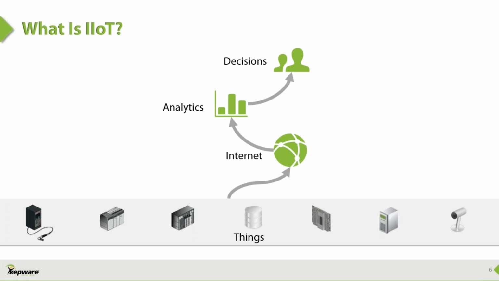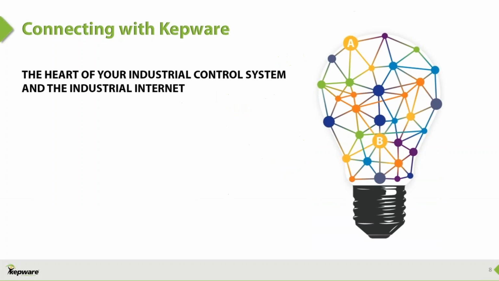At the heart of it, it's really about connecting things in your industrial environment, moving it into the internet, into some application to provide analytics so we can make better decisions. So really, from a simplistic standpoint, that's how we define the Internet of Things. So really just connecting your assets so you can make better decisions, with the purpose of either saving money or making money at an end user site. So next slide.